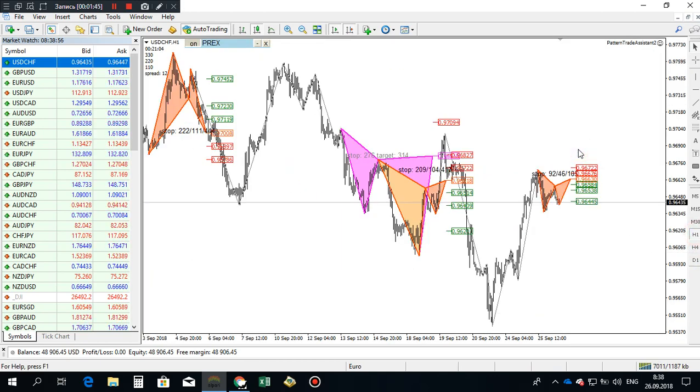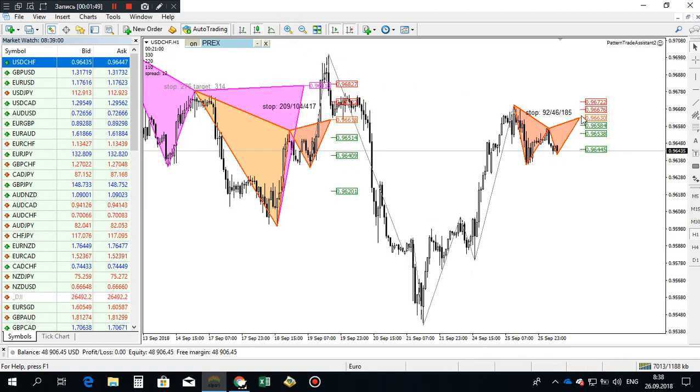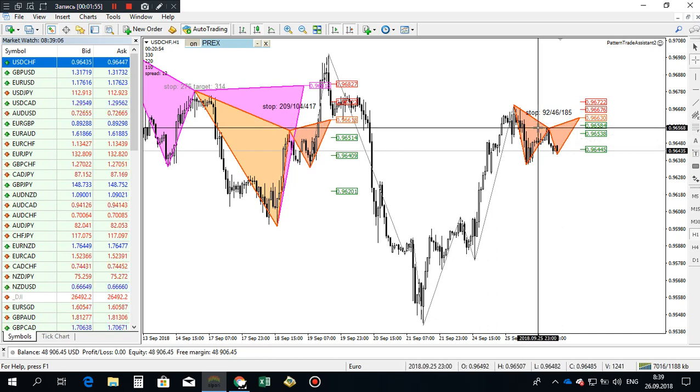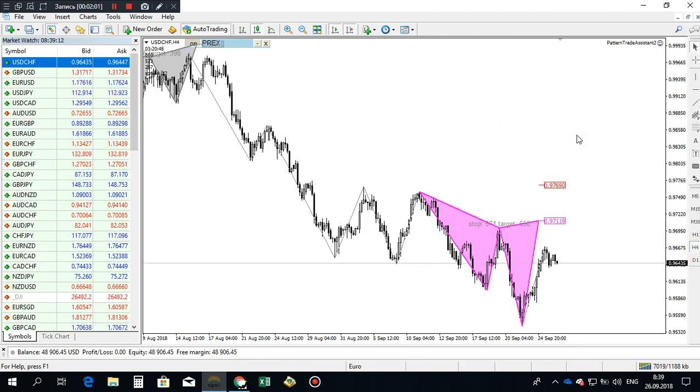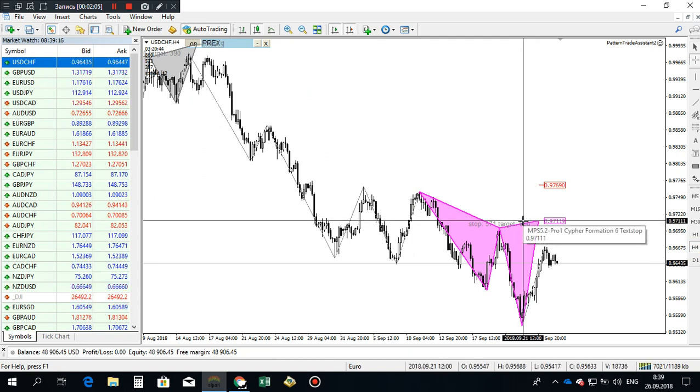Wonderful. So next time I just load the template of Forex, and of course I need to download some data here. Okay, so what we have on this pair? First of all, we have a potential unified godly on 1 hour. It is far from completion. We didn't yet break the B point, so nothing to be said here. Okay, on 4 hour, a potential cipher pattern.